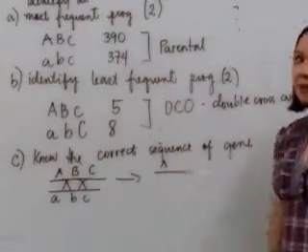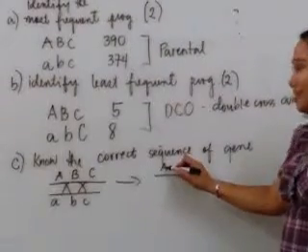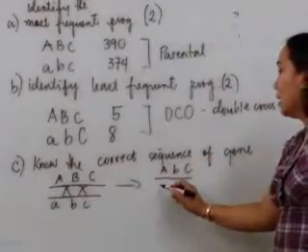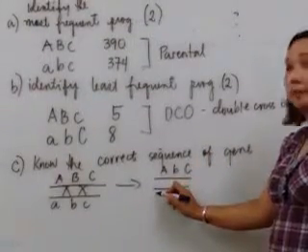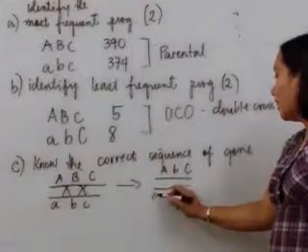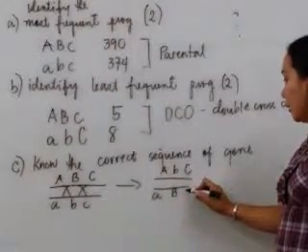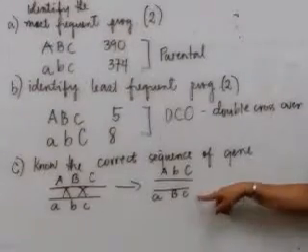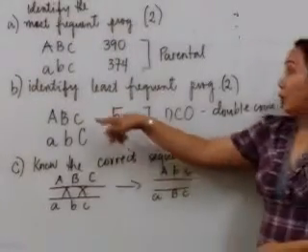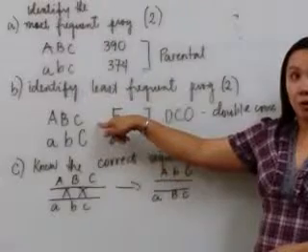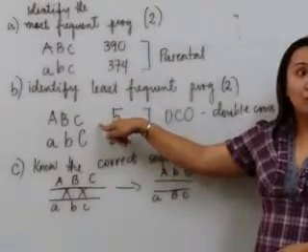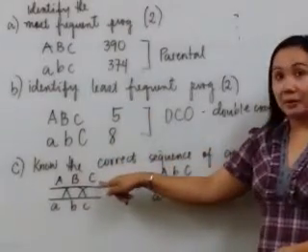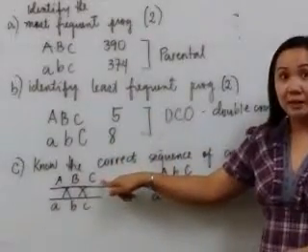Dominant A, recessive B and dominant C. The other one will be recessive A, dominant B, recessive C. Okay. Do you have the same DCO as the actual observation? No. So what does it mean? It means that this is not the correct sequence of the gene.